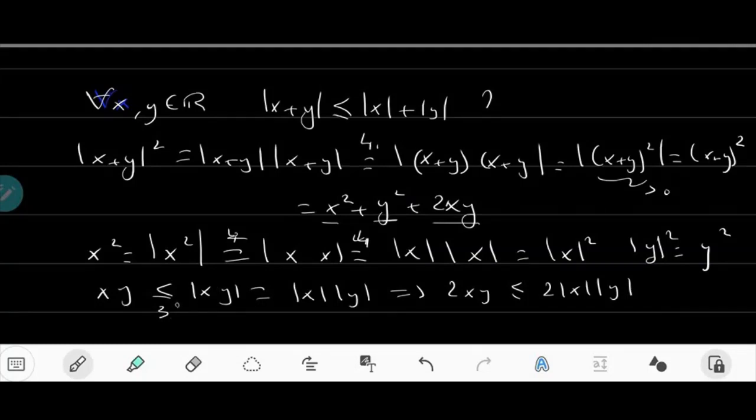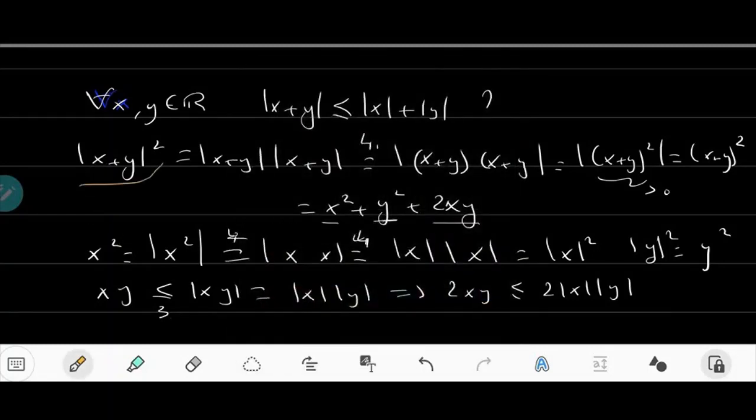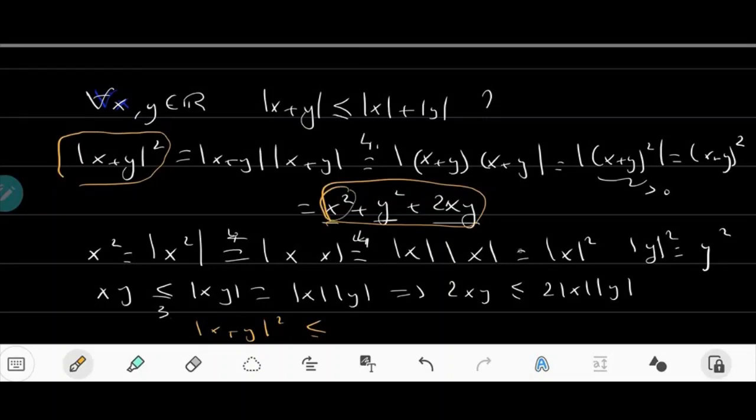Therefore, if I go back to this expression in here, this one being equal to this one, I will have the absolute value of x plus y squared less or equal, because instead of x squared I will put the square of the absolute value of x. Same for y squared, because I already proved that it's equal as well.